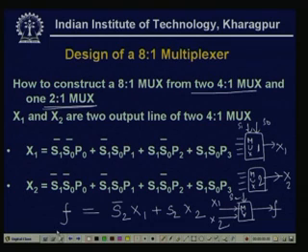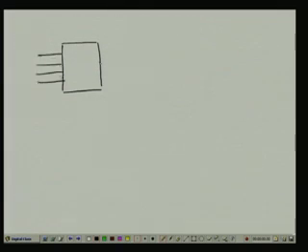So if I redraw that thing, what will happen? I need a 4 to 1. So these are S1, S0 and P0, P1, P2, P3.